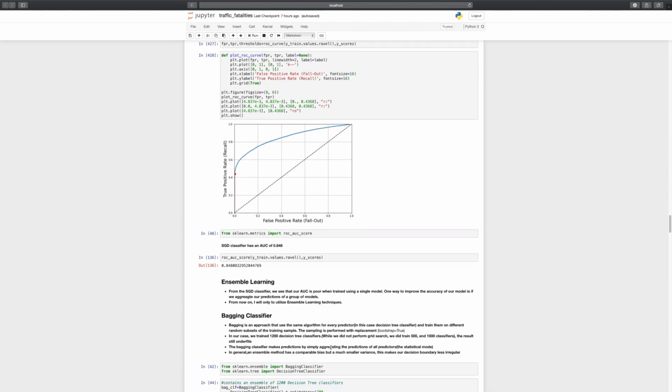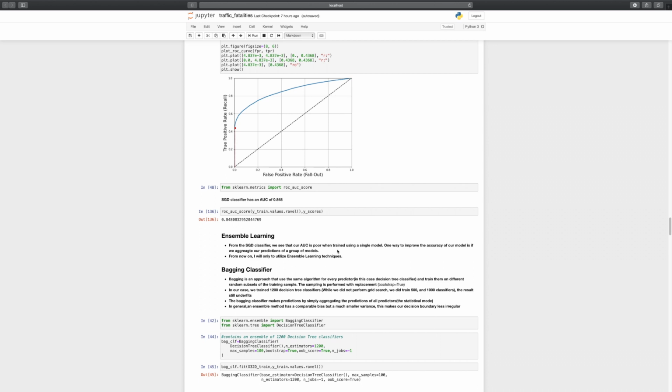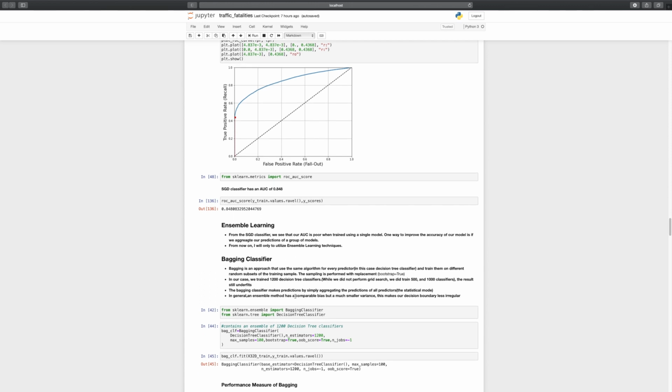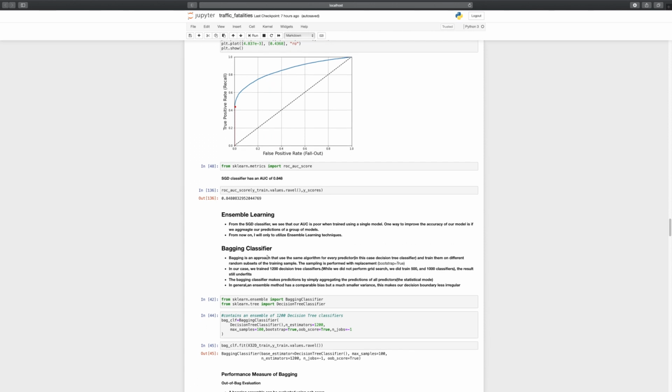It is composed of a bunch of different machine learning algorithms, or the same machine learning algorithm, and tries to predict based on the aggregation of these algorithms. One of the first ensemble methods I used is the bagging method.